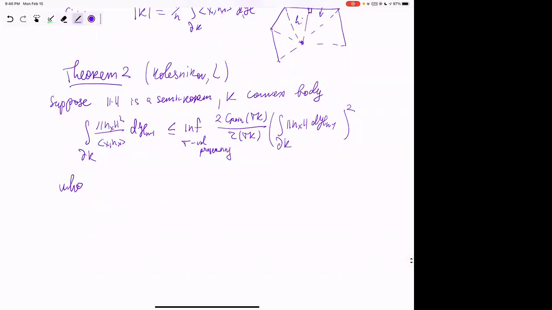Where, again, r of TK is the inradius, meaning the radius of the largest ball contained inside TK.